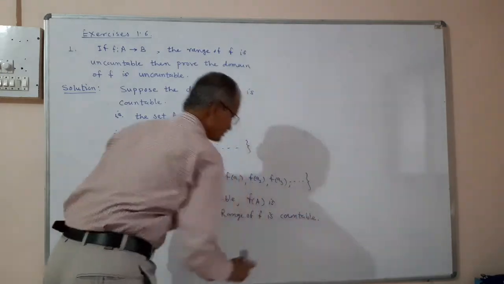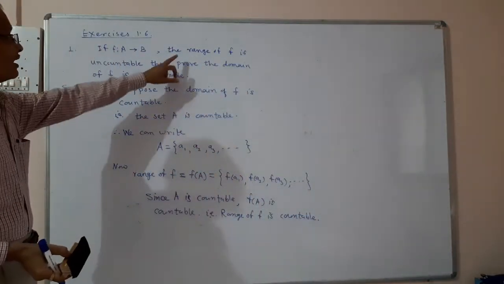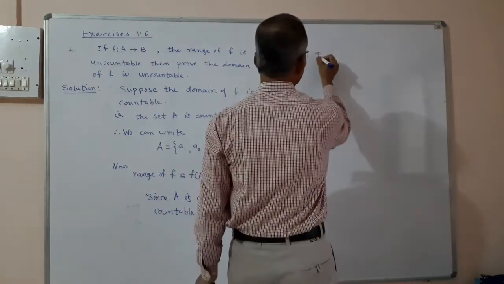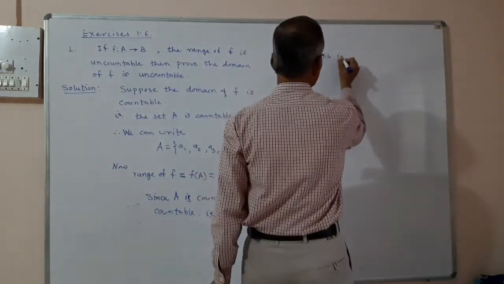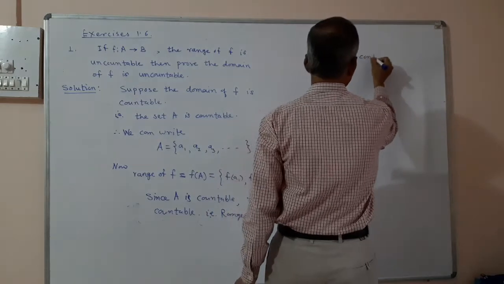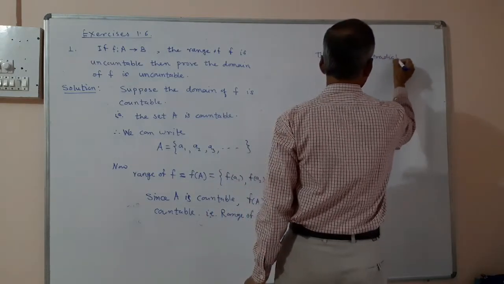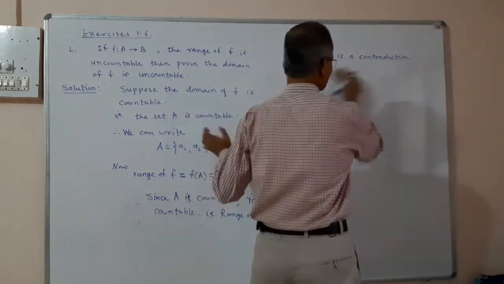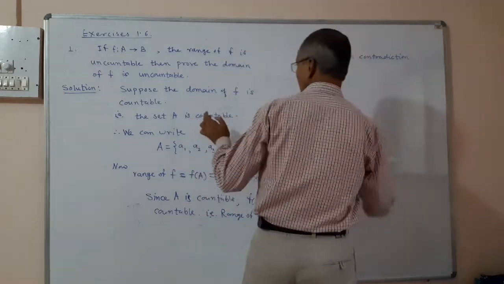And this is a contradiction because what is given? Range of F is uncountable. And why did this contradiction arrive? Because our assumption is wrong. What is our assumption?